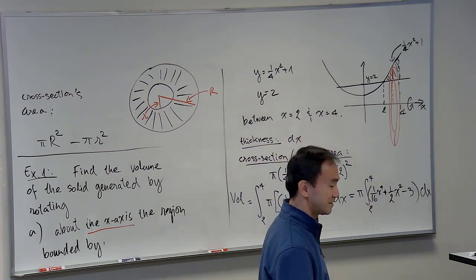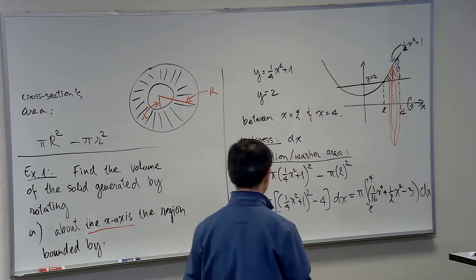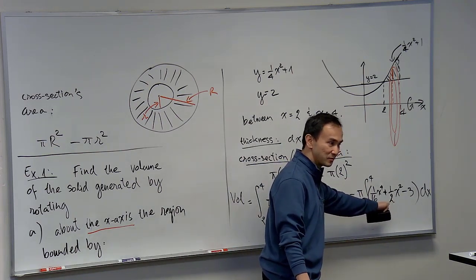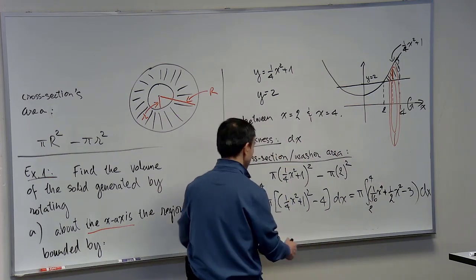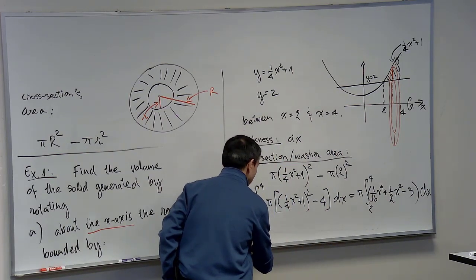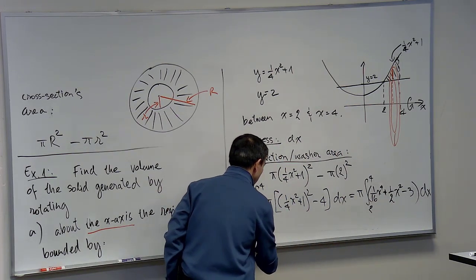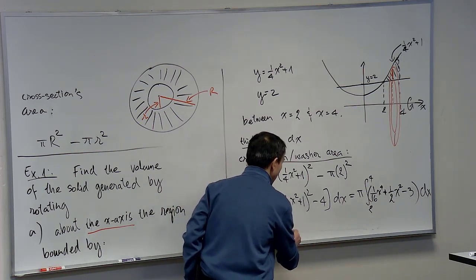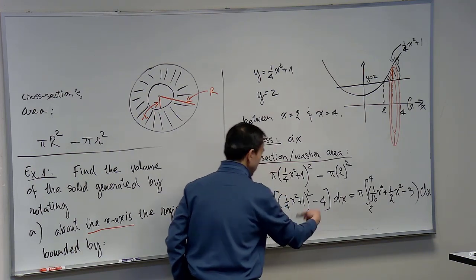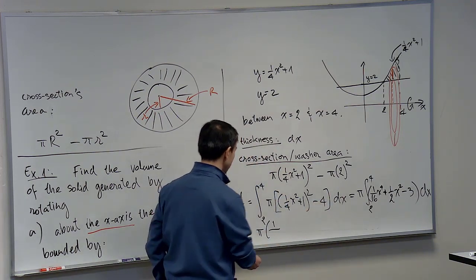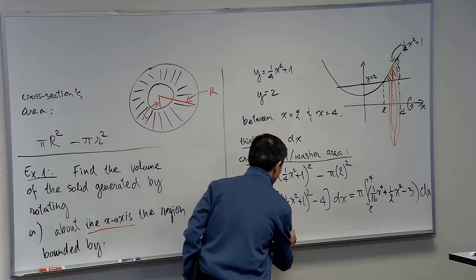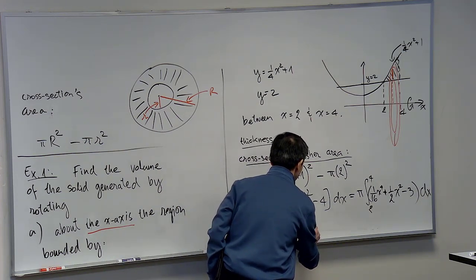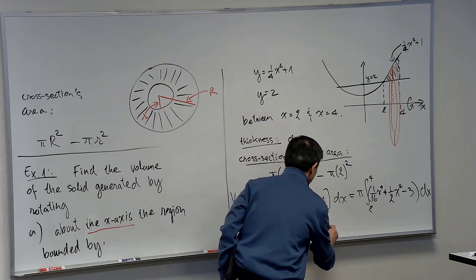Right. Now it's just a matter of taking your time to find the antiderivative for that. It's just one more step, and for the real final calculation I'm going to leave that for you to complete. So it's pi times, and here we have 1 over 16 times 5, which makes it 80, so 1/80 x to the 5th, plus 1/6 x cubed, minus 3x.